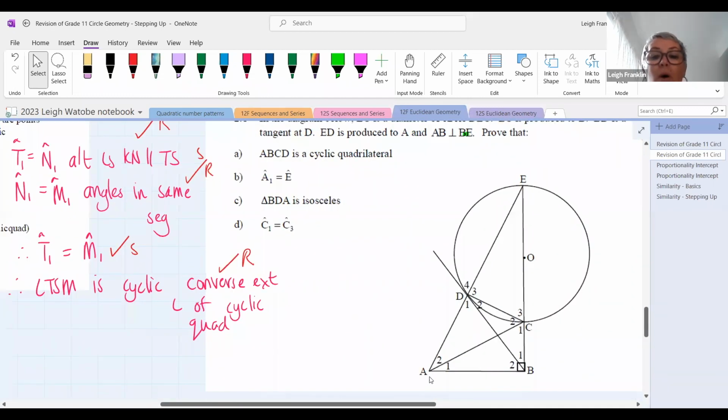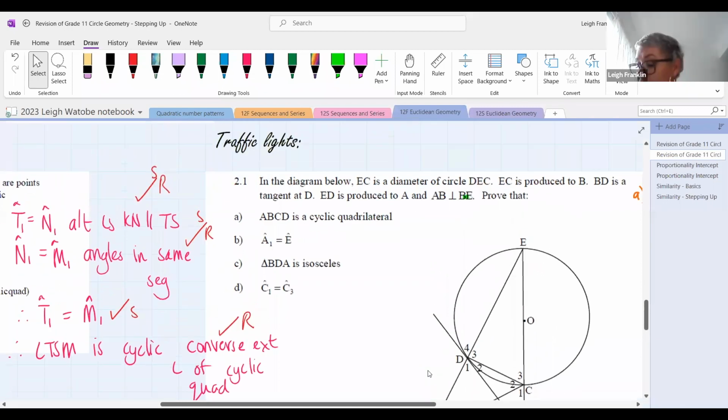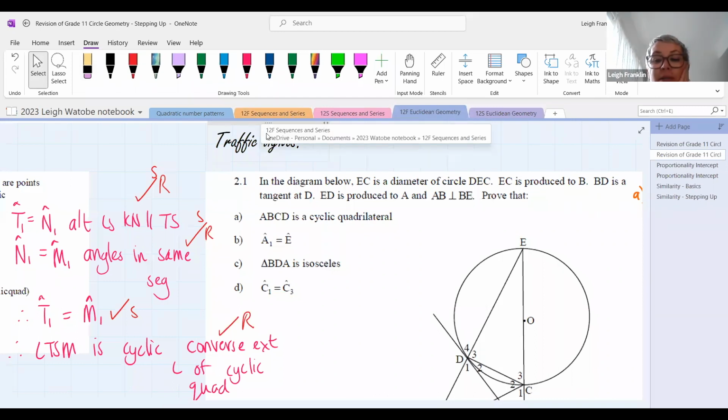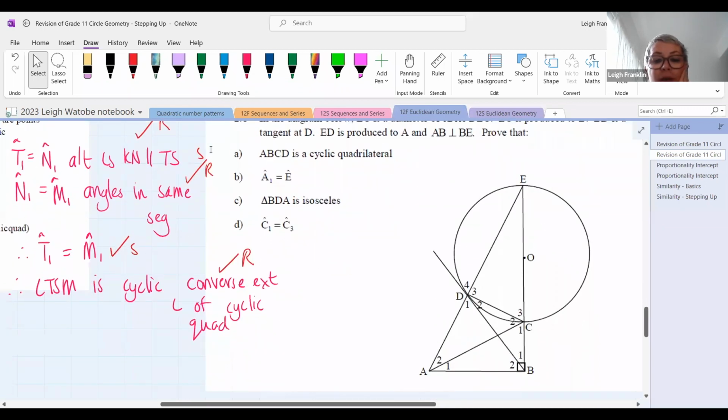This question is quite a bit more difficult than the one that we did today. But just do the first part if you feel that you can't do any more. In other words, prove that ABCD is cyclic. I'm going to move this down a little bit so that you can screenshot it. Okay, there you go.